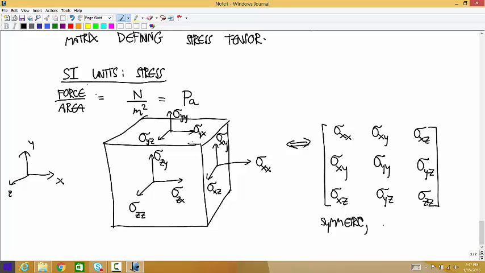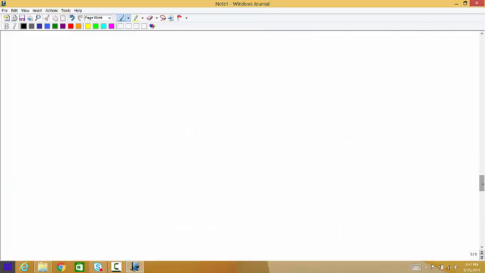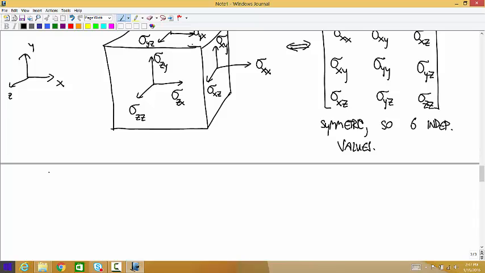Symmetric. So, 6 independent values. The diagonal elements of the stress tensor are called the normal stresses.